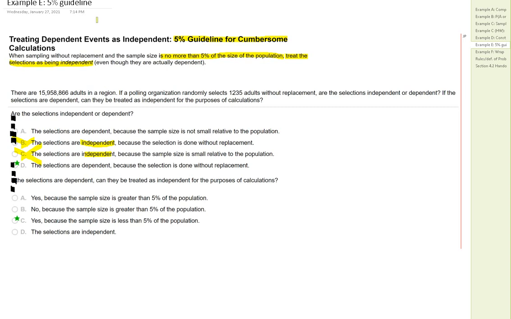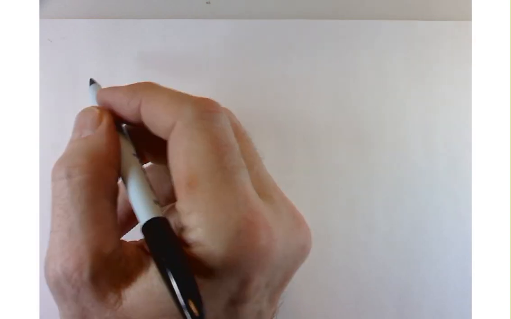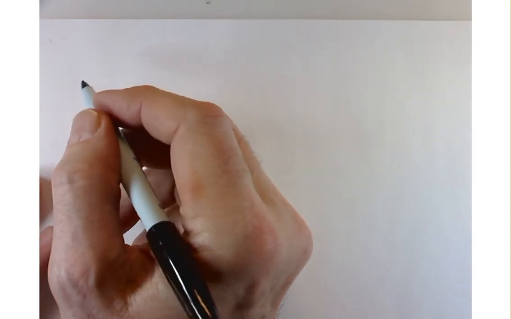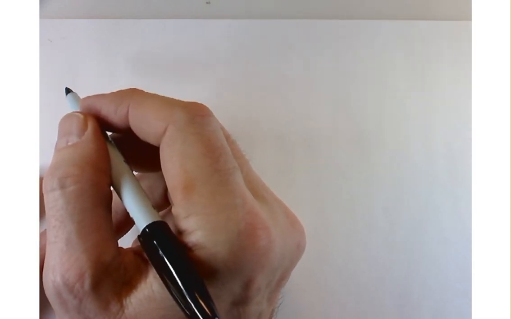The second part is, can we use the 5% guideline? Well, that's a good question here. So let's take a look and see if we can use the 5% guideline. For this example, I think it's example E here. Yeah. Example E.